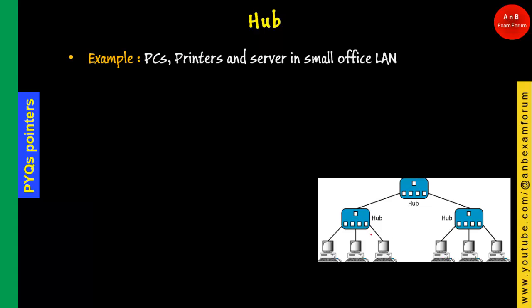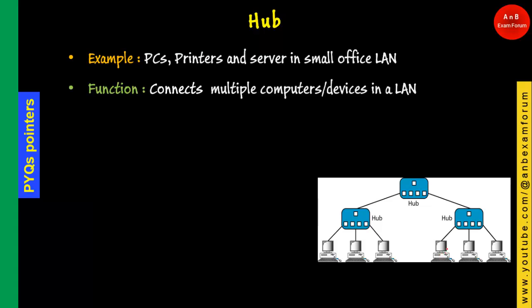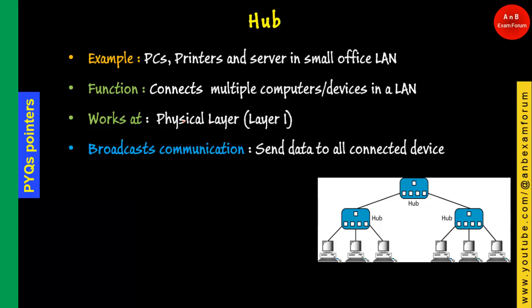Via the hub you can directly give the printing command to that printer. Basically a hub also connects computers or devices in the LAN, but the basic difference between hub and repeater we are going to see in the next pointer. It also works at layer 1, the physical layer, and the main difference that I was telling you is broadcast communication.